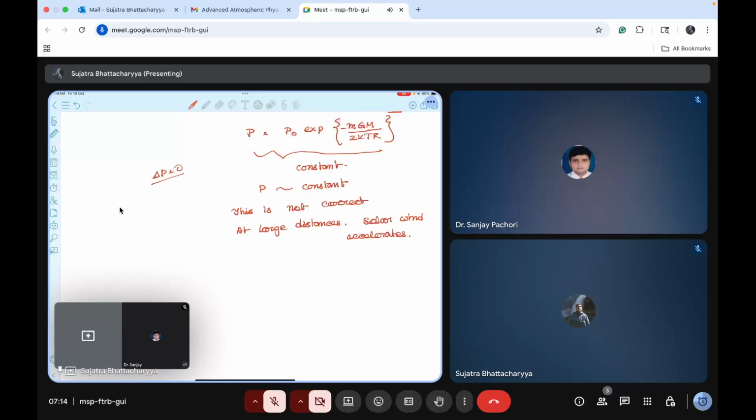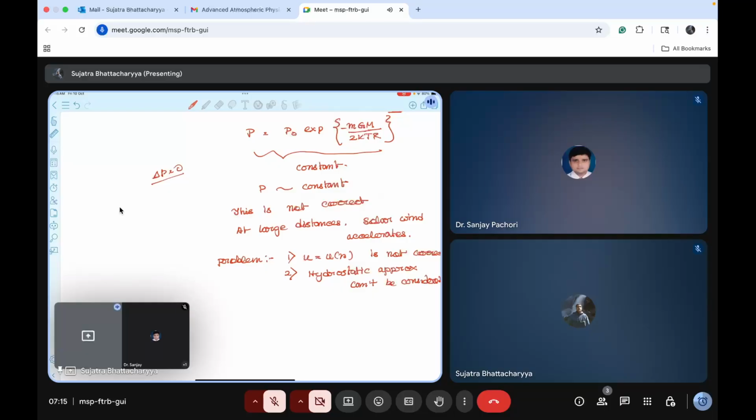So what can be the possible problem is that, number one, U is equal to U(R), that is the symmetric approximation, is not correct. And number two, the hydrostatic approximation cannot be considered.